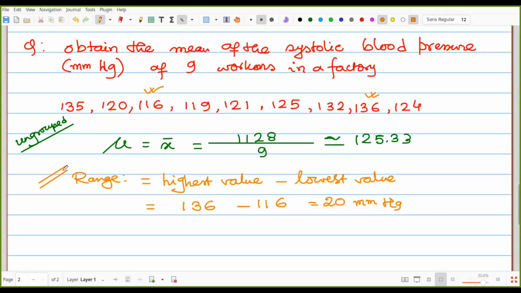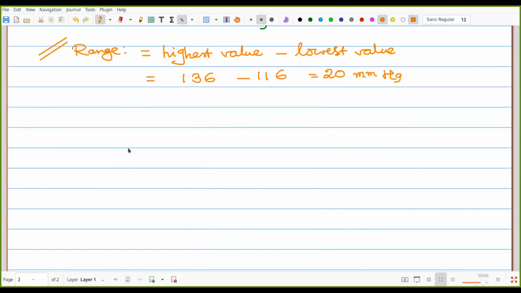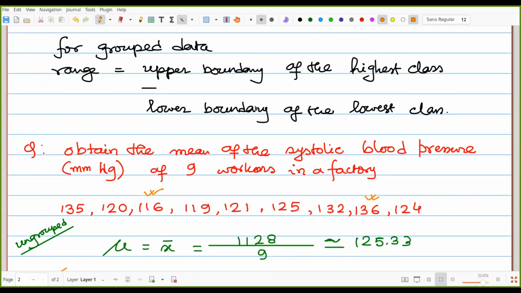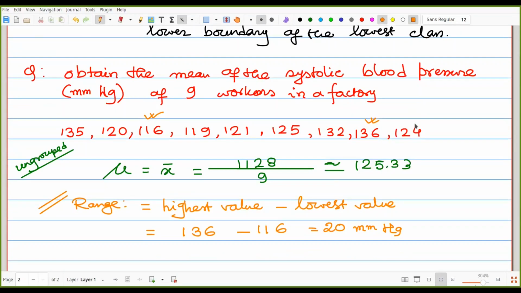Now for grouped data, we have to find the upper boundary of the highest class and the lower boundary of the lowest class.